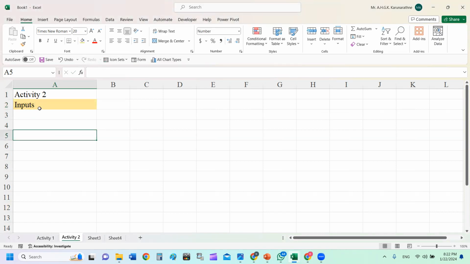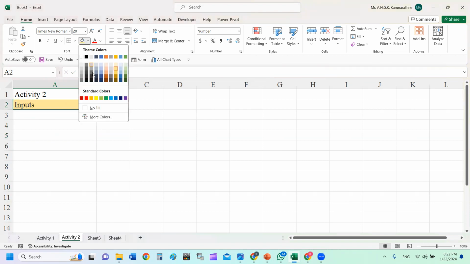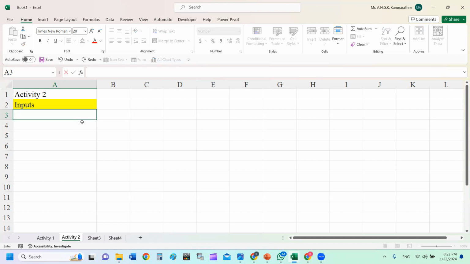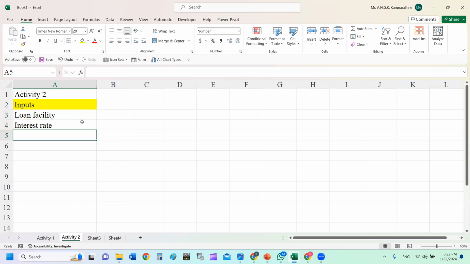So what are the inputs you usually have for a loan scenario? You must have these three inputs: the loan facility, or the amount you borrow; then the interest rate negotiated with the bank; then the period, very important, the term of the loan.